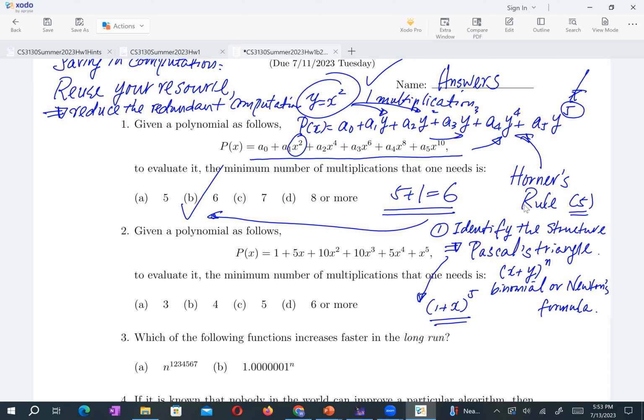Here, the best way is we take the square first. The second time we square again. After that, one more multiplication. This is the way to get the 5th power with 3 multiplications.